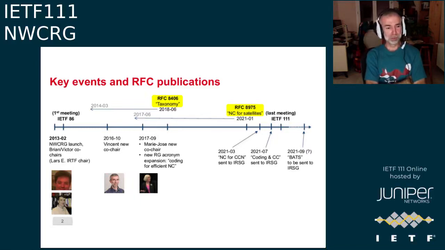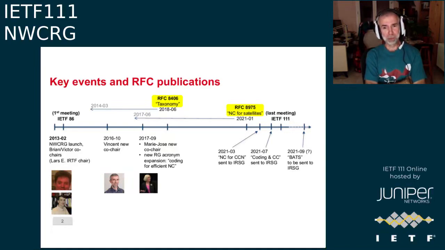A nice document with many authors. If I remember correctly, there are 14 or 15 authors for this RFC, which is pretty unusual, but it was the output of this group, so it was meaningful to have so many of us. So many people contributed, and we published it in 2018. That was the first RFC of this group.